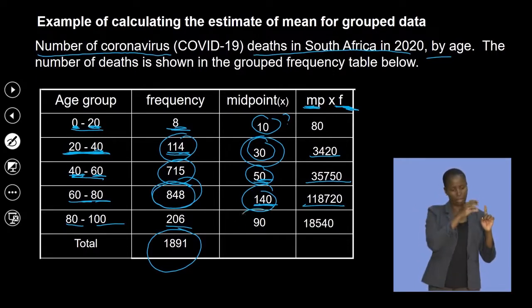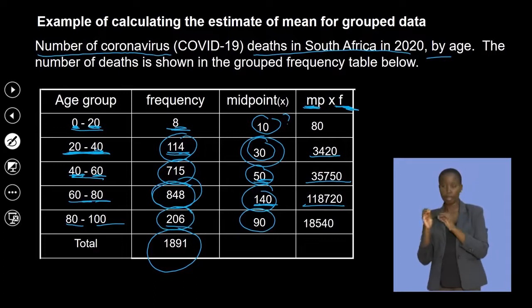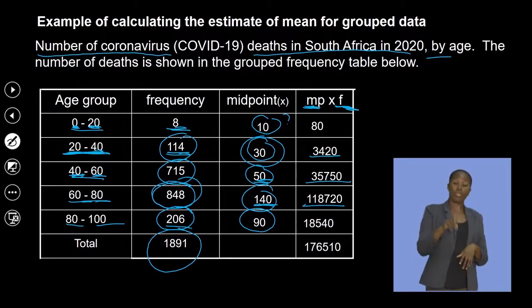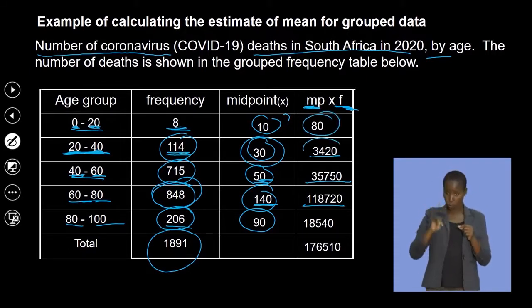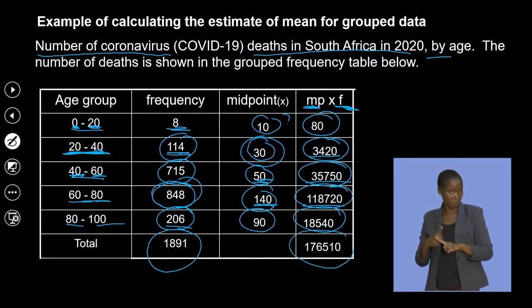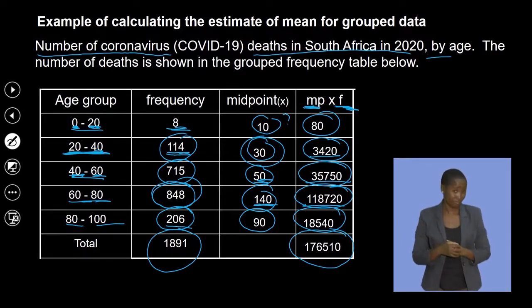And we multiply 90 times 206. Okay. Then from there we add everything and we get the total. Are we together?